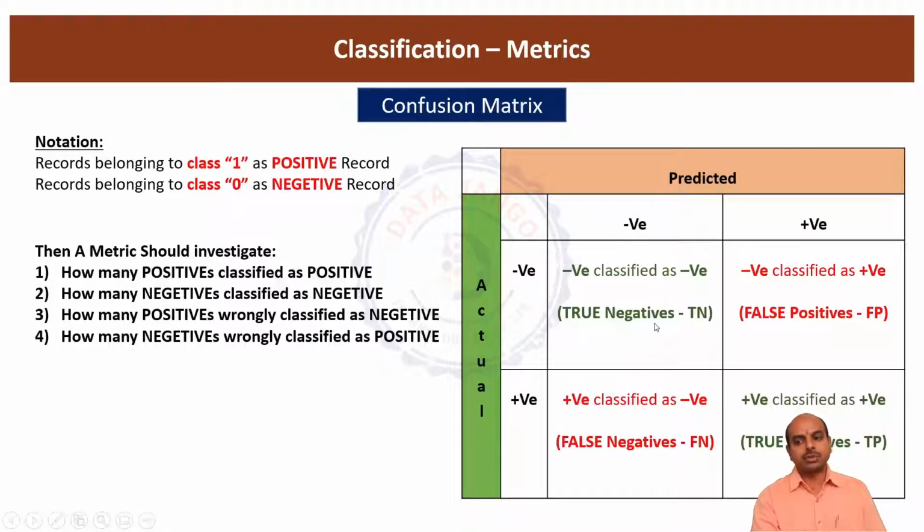It gives you those counts, and it gives you the wrong predictions also: actual records belonging to 0 predicted as 1, and actual records belonging to 1 predicted as 0. So all 4 cases it will consider, and when you look at these scores, you will understand how the model is working.